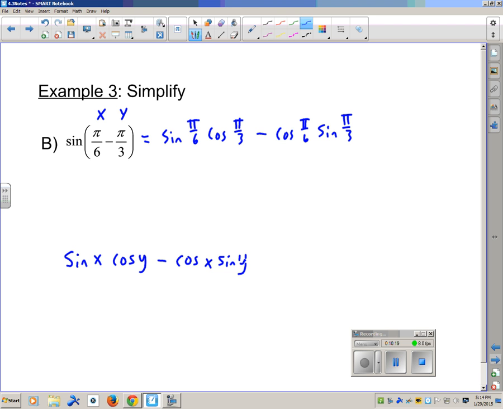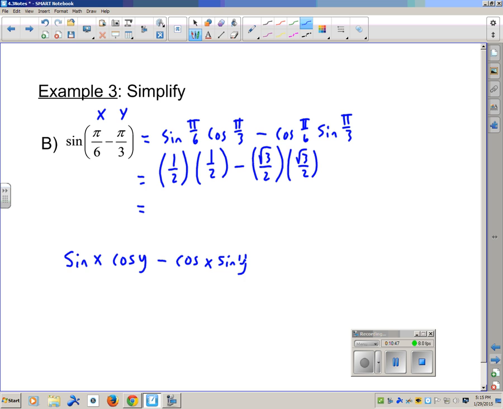Again, using your identity sheet or your unit circle, go ahead and figure out what the sine of pi over 6 is. So we get 1/2. The cosine of pi over 3 is 1/2. The cosine of pi over 6 is square root of 3 over 2. The sine of pi over 3 there is the square root of 3 over 2.